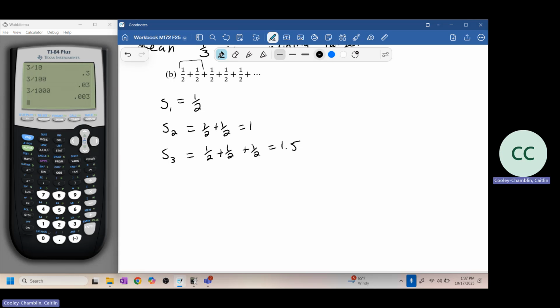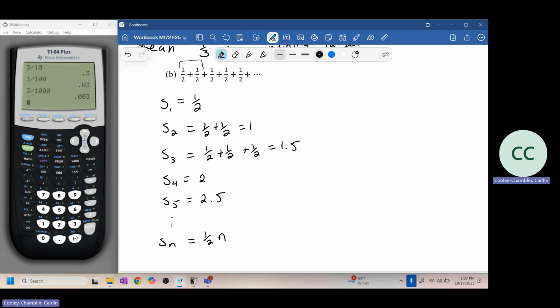And as you see, the more I add these together, S4 is going to be 2, S5 is going to be 2.5. And so if I keep going, Sn is going to be 1/2 times n.